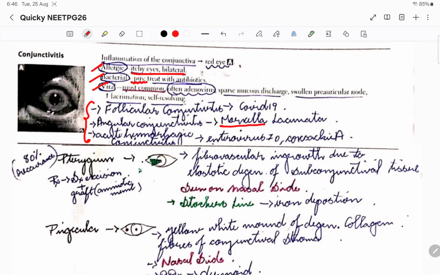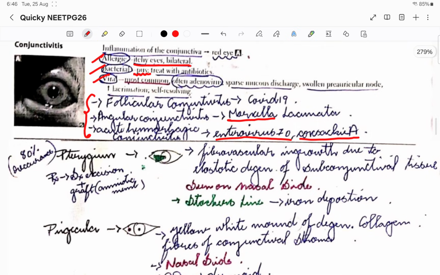Then acute hemorrhagic conjunctivitis is going to be Coxsackie A, which is discussed in micro, the hand, foot, mouth disease. Enterovirus 70 and Coxsackie cause hemorrhagic conjunctivitis. This is what you need to know with respect to conjunctivitis.